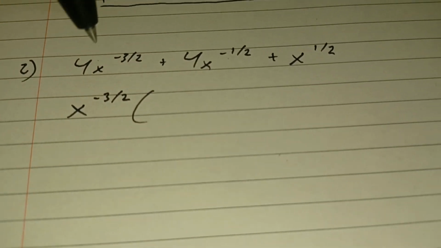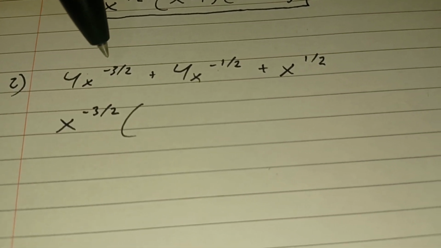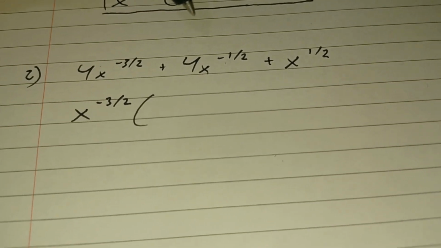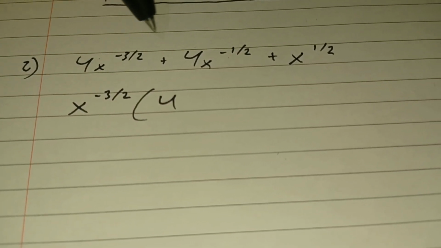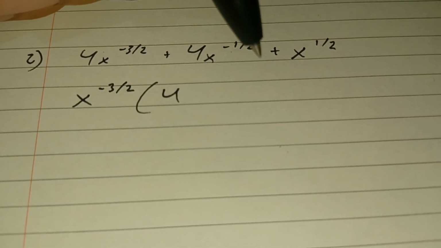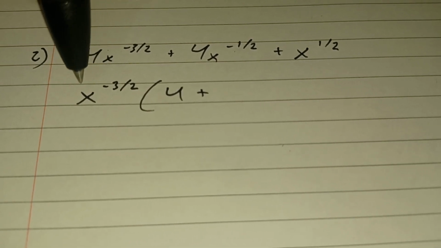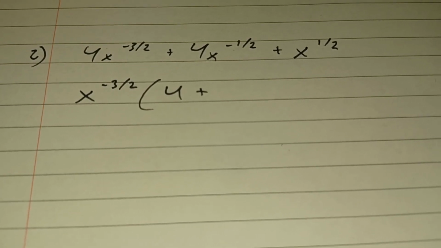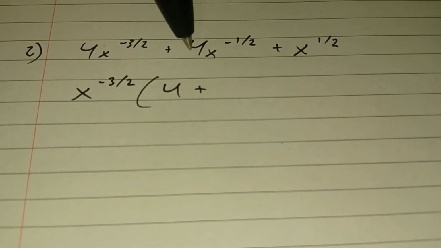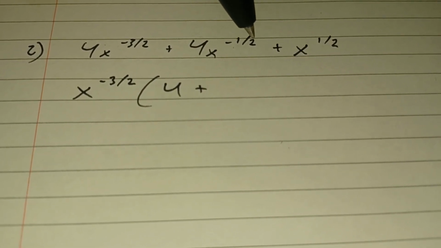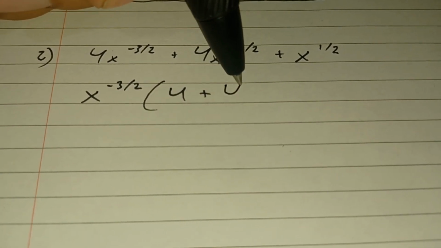And when we take out an x to the -3/2 from 4x to the -3/2, we're just going to get a number 4, because this times this is going to give us that, right? And then when we take an x to the negative 3 halves power out of 4x to the negative 1 half power, that is going to give us 4x, right?